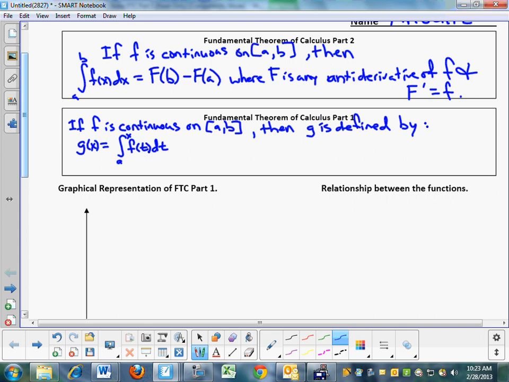So that's a function. It's an area function. It generates area for us. Whatever we change x to be, it's going to give us a different output. Given a is less than or equal to x, which is less than or equal to b, so x is somewhere between that interval, it will create function values for us.